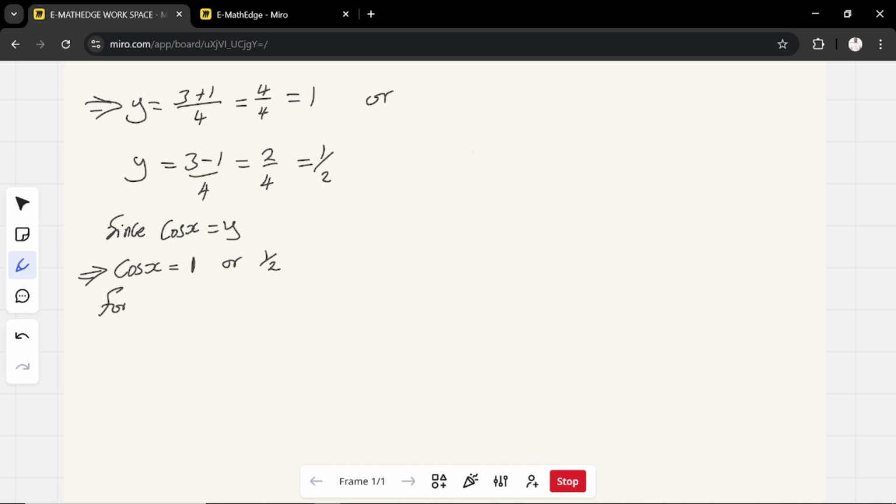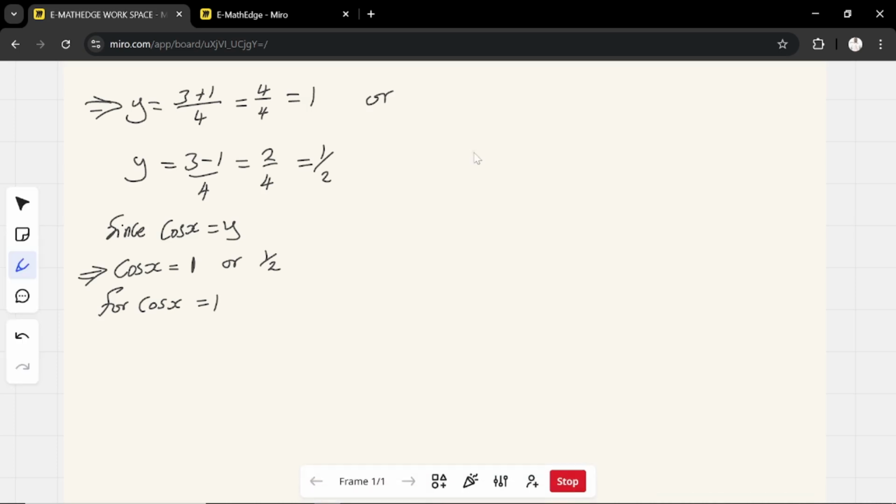So now for cos x equal to 1, just like the previous equation we've solved, what you are going to do is to check for the corresponding values in degrees in the trigonometric table, and obtain the value of x.